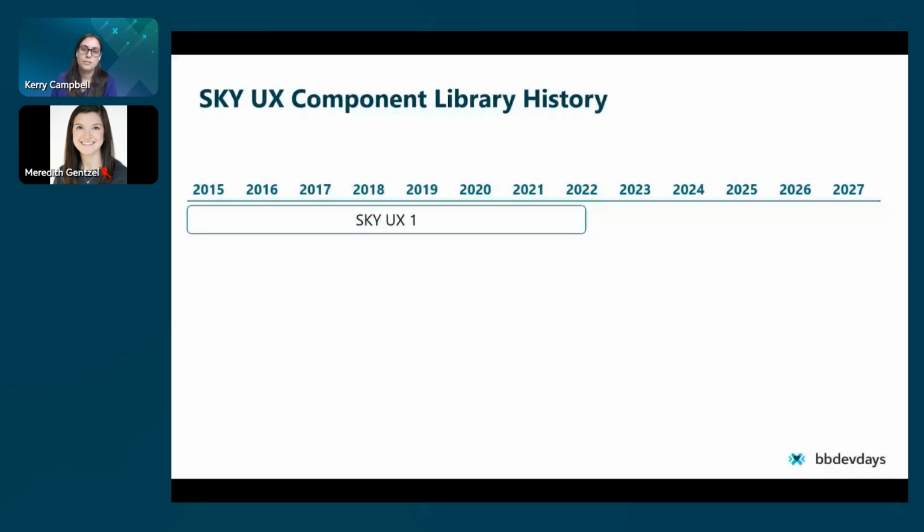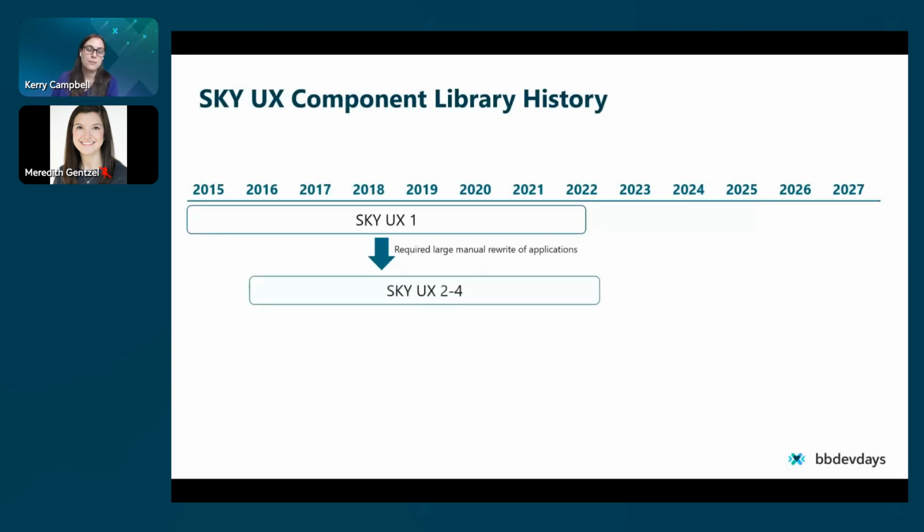A year or two later, after the SkyUX 1 release, SkyUX 2 became available. SkyUX 2 through 4 were on various Angular versions throughout its life cycle. But how you built and utilized it was all pretty similar throughout those three major versions.